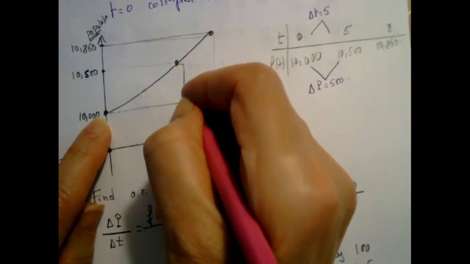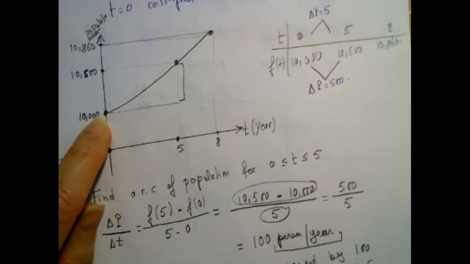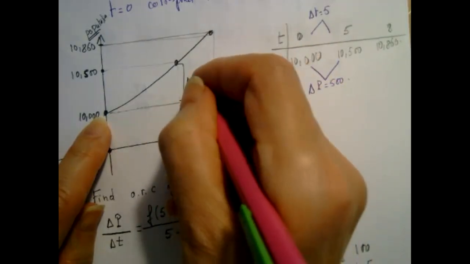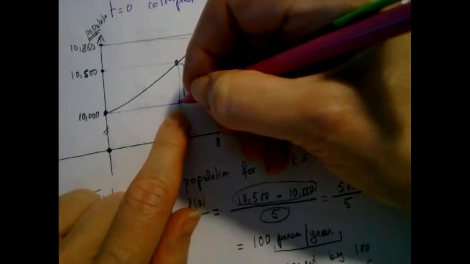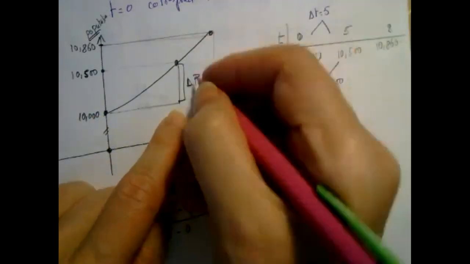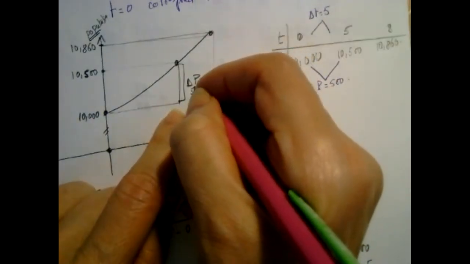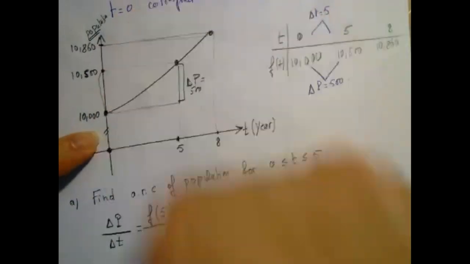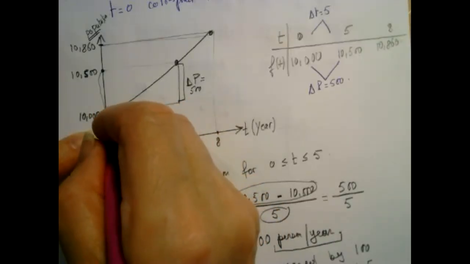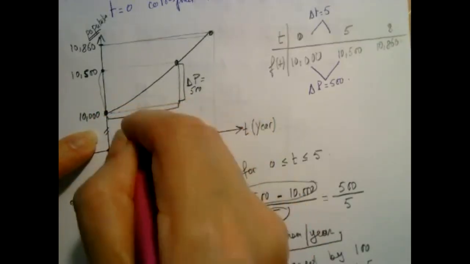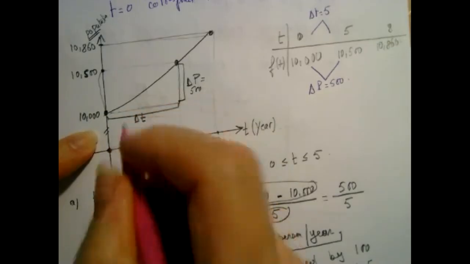So from here to here, that's the change in population. From 10,000 to 10,500, the population grew by 500. That's how we visualize the 500 on the picture, by how much the population grew. From here to here, that's by how much the time changed.